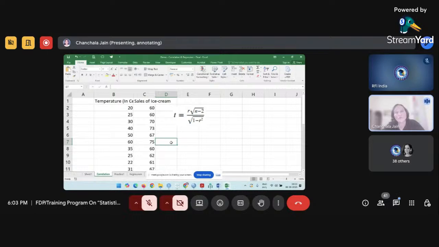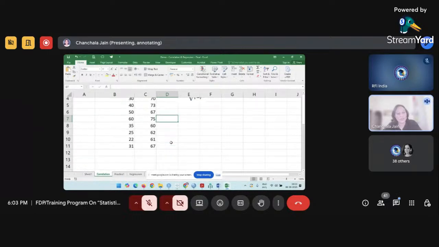There are two ways of performing correlation. The first one is using the function. The second one is using the Data Analysis ToolPak, right?